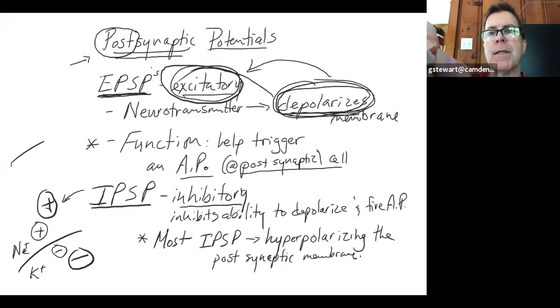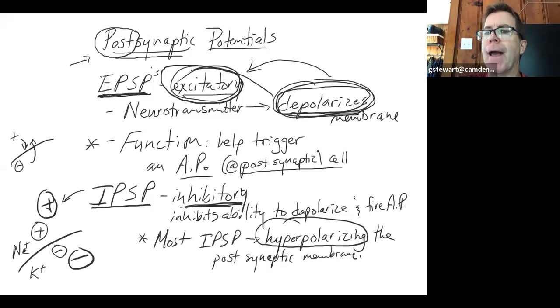Remember, depolarizing means we get closer to flipping this charge. Inhibitory, always think hyperpolarizing and taking this receiving cell further away from threshold.